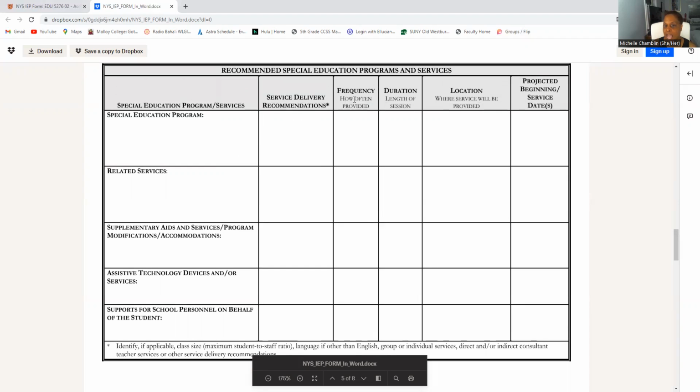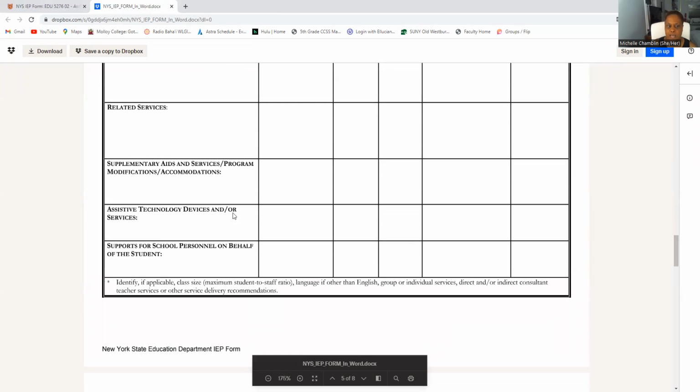So we have how often, the duration of the sessions, the location where the service will be provided, and when this service will begin. We have related services such as occupational therapy, physical therapy, speech, resource room, all other types of related services, supplementary aids and services, program modifications, and accommodations that we recommend. If we recommend assistive technology devices, that would go there.